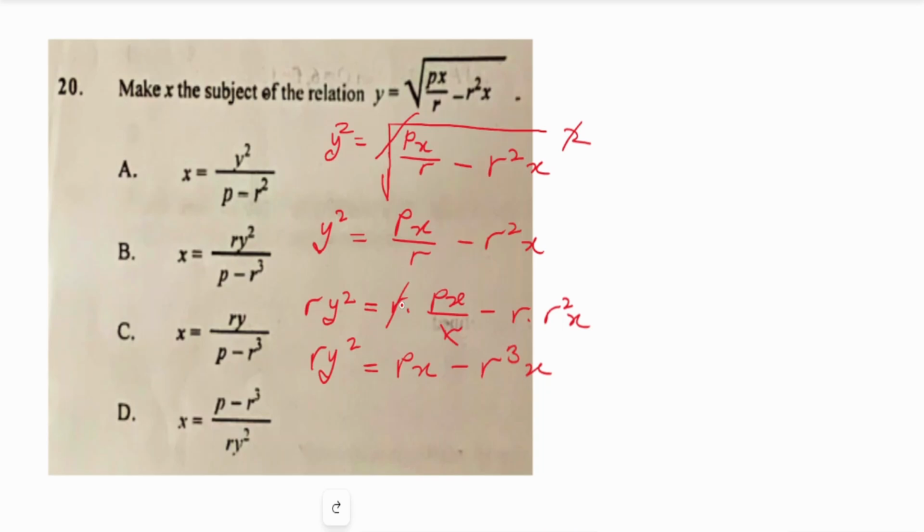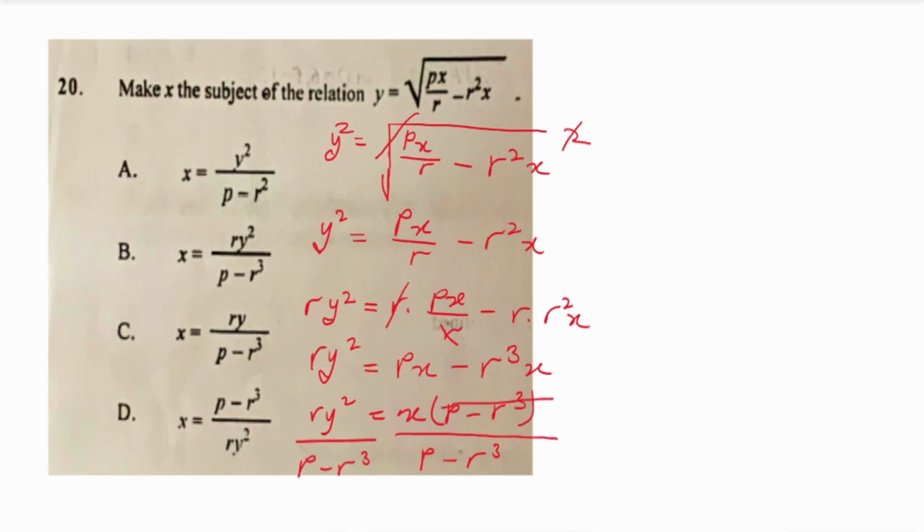Because you're solving for x, these two terms are x terms. So ry squared equals, I factor the x out, I'm going to get p minus r cubed. And then dividing through by p minus r cubed, I'm going to have over p minus r cubed, then over p minus r cubed.